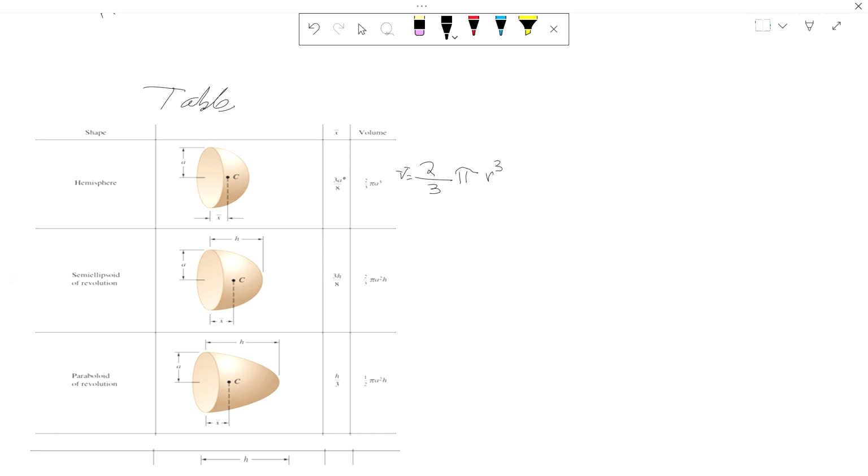Now the centroid, so be careful because the radius a is with respect to the base. The centroid is with respect to the base as well. The thing is that it's in x, y, and z coordinates. It's not in polar or cylindrical coordinates, which a lot of times is easier for spherical shapes, or even spherical coordinates, which we haven't talked about but are used for this type of thing.